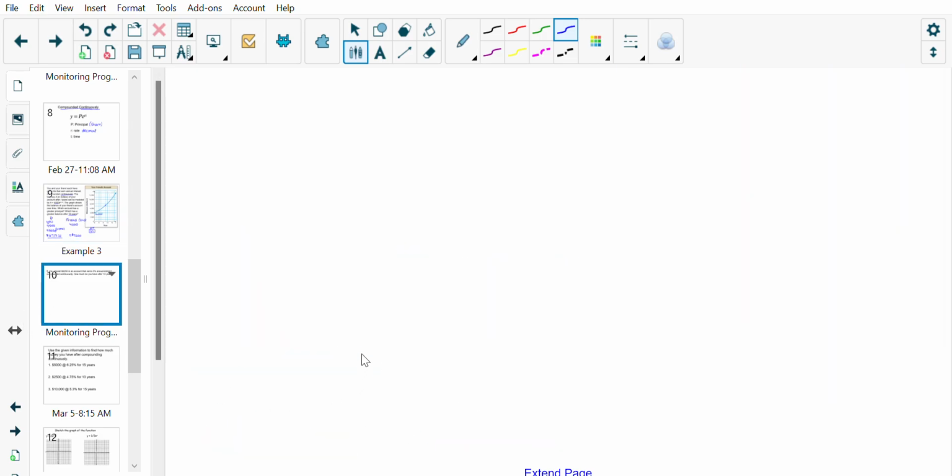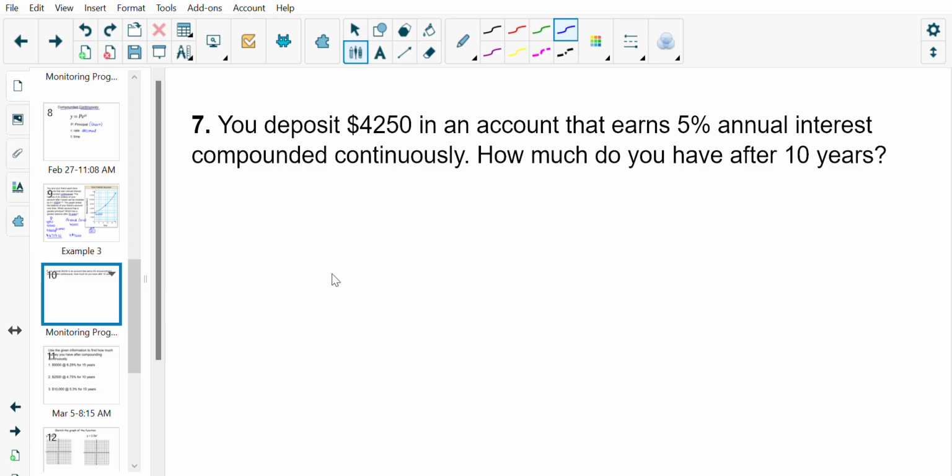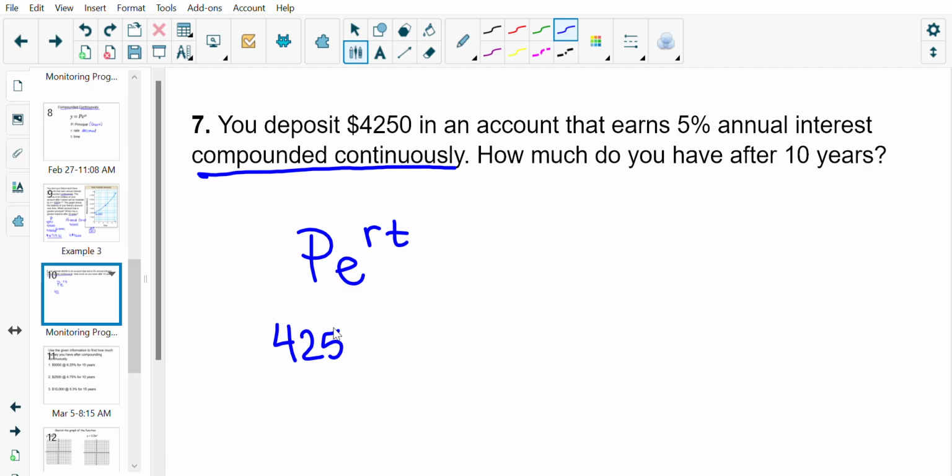Okay, let's look at one more problem here. You deposit $4,250 in an account. It earns 5%. Again, I'm compounding continuously, so I'm going to use PERT because I'm compounding continuously. So I start with $4,250. And then I have e, and I'm raising it to 5%, which would be 0.05 times 10 years.